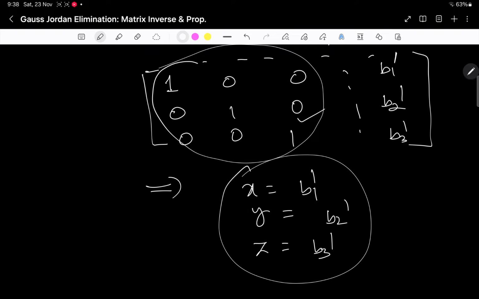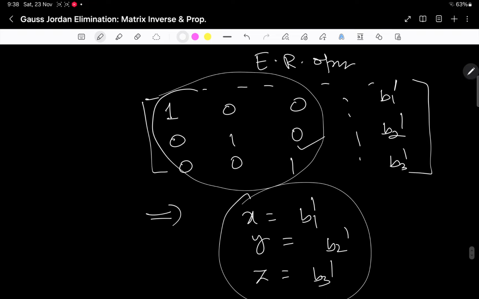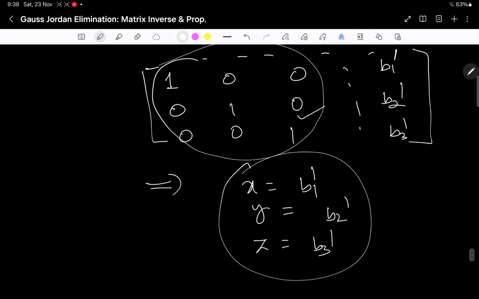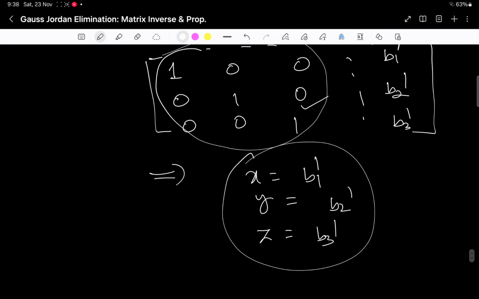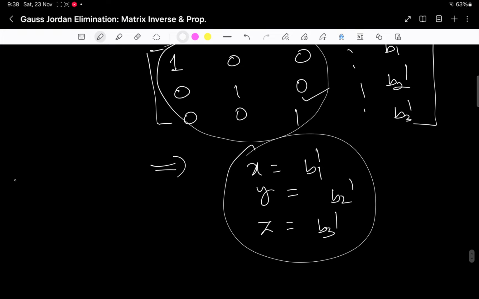Okay, I am not discussing the Gauss elimination method to find the solution of a system of equations here. Recall my lecture 1, where I discussed the Gauss elimination method.